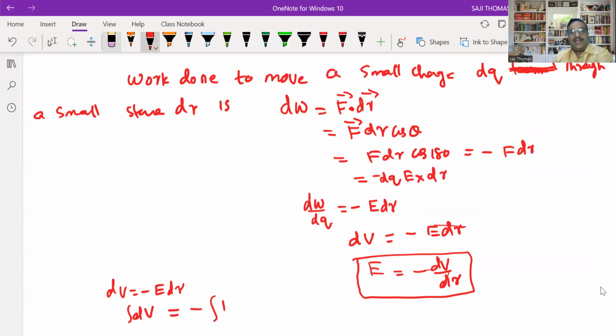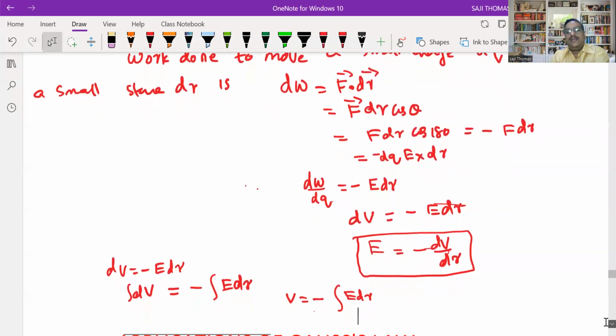Minus integral E dr. Integral dV is V only, right? Therefore, V is equal to minus integral E dr. Since we move from B to A, this is the potential difference between A and B.